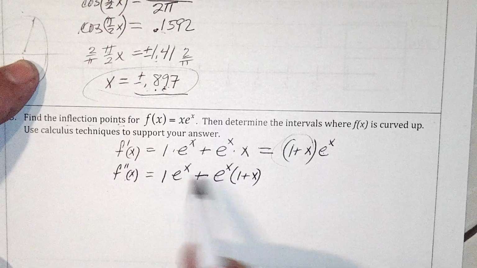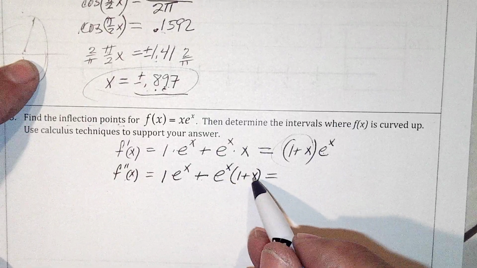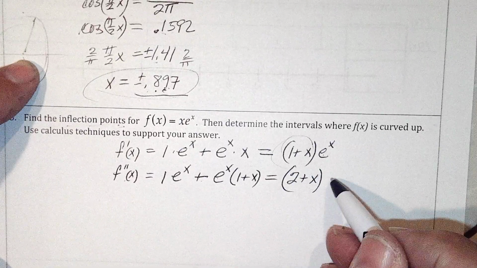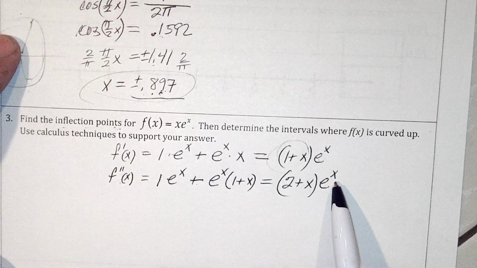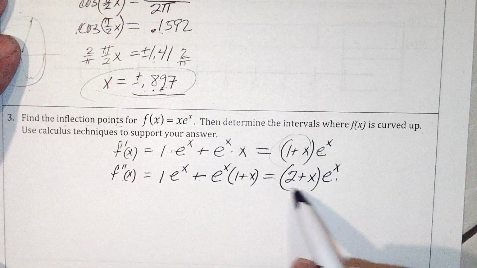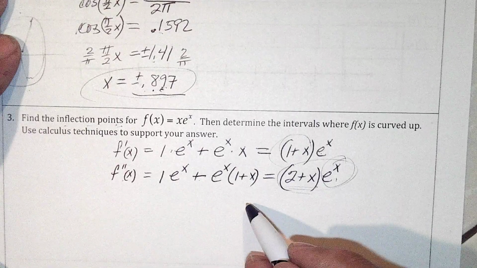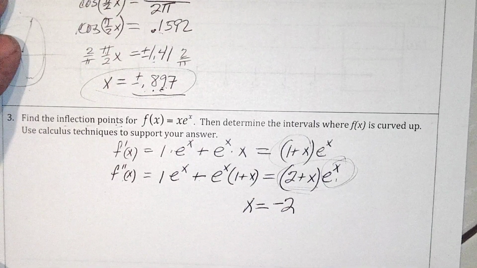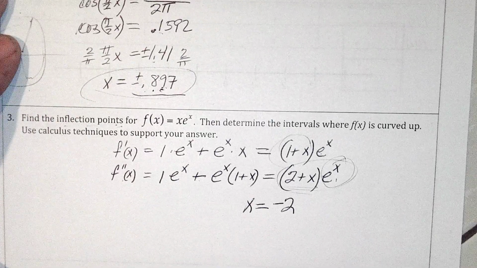And there's an e to the x in both of these, so I get 1 plus 1 plus x, so that's 2 plus x times e to the x. And this, the second derivative, is what I want to set equal to 0. Well, this is never 0, so it only equals 0 at x equal -2. That's where the inflection point is.